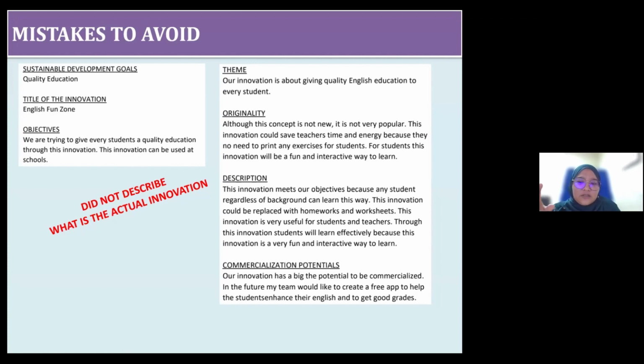It didn't describe what the actual product or innovation is. However, on originality, they admit the concept is not new, and they highlight a few benefits over the original idea, but the whole proposal didn't show us what the actual innovation or product is. So this is a big no as well for the proposal.